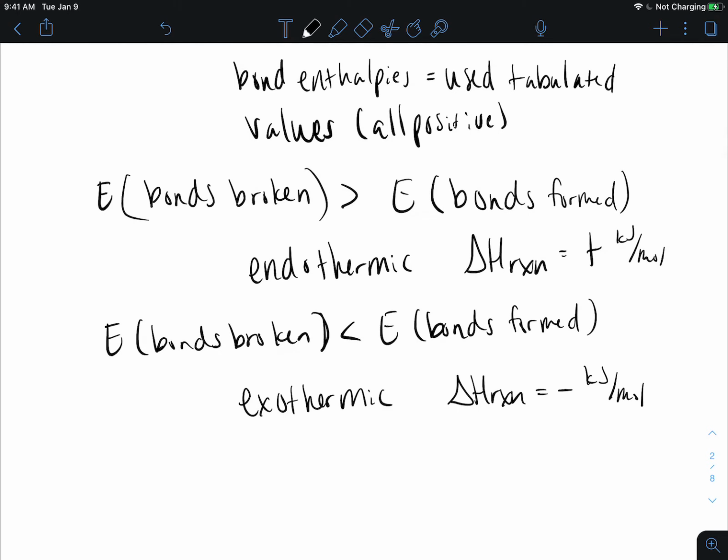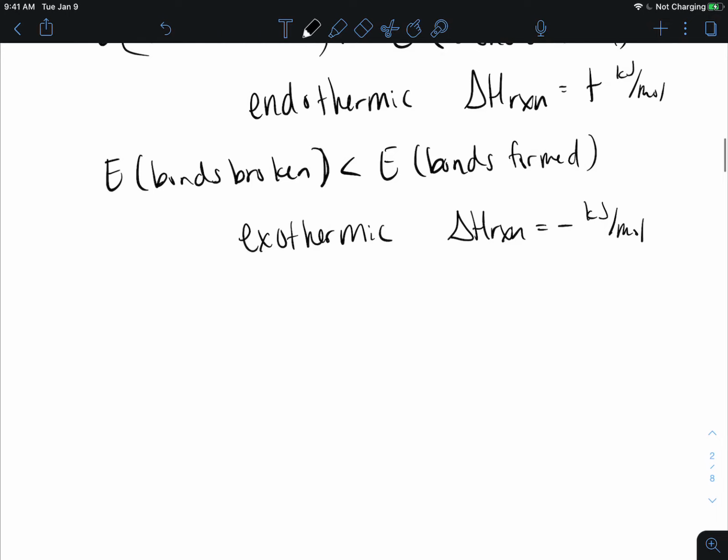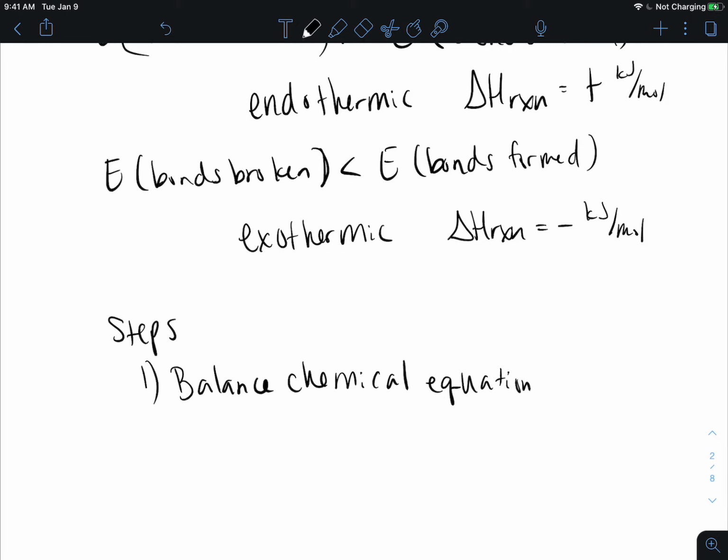Okay, so let's try an example. I'm going to go through the steps and then we'll try an example. So our steps, fairly easy. First, you're going to balance your equation. We need to know how many of each bond we have, so in order to do that, we have to have a balanced equation.